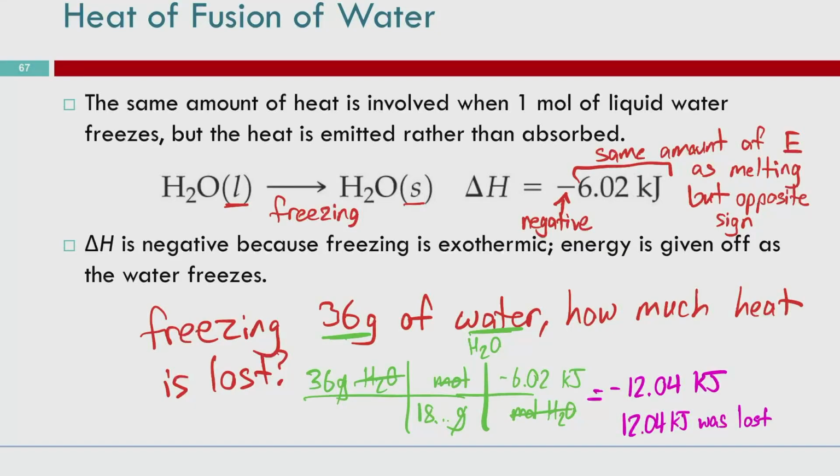Was or is lost. It's not always going to be a tricky wording like that, but there is often language in these types of questions about whether the heat is being lost or absorbed. And so there can be some negatives that we have to do in there, which on top of not having the per mole part shown in there can be confusing.